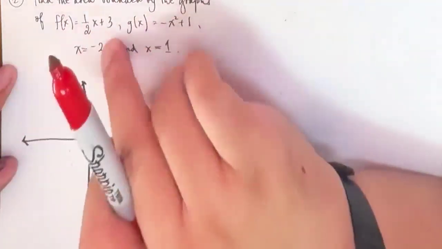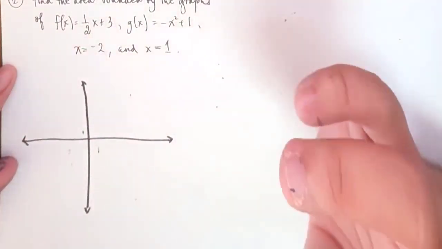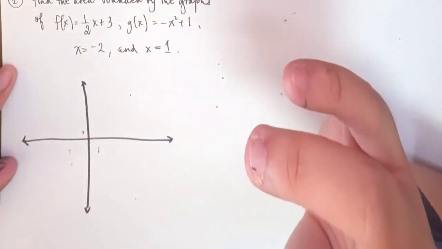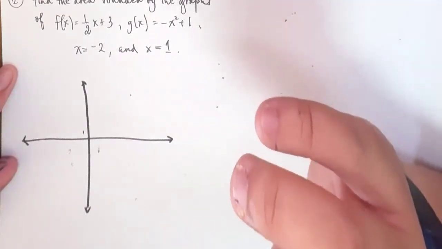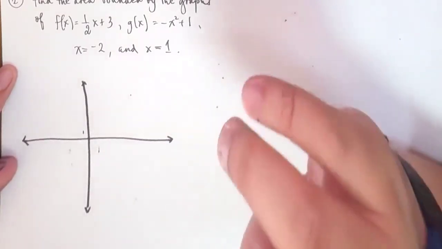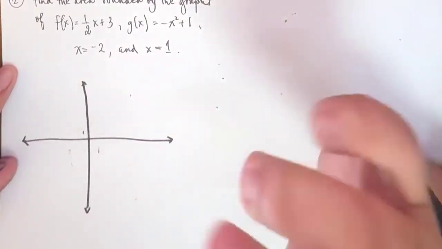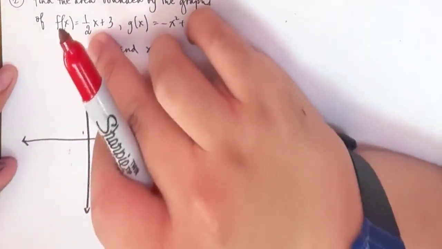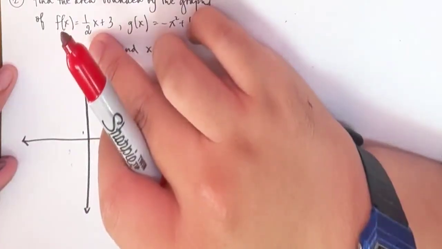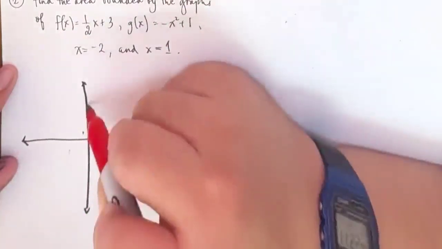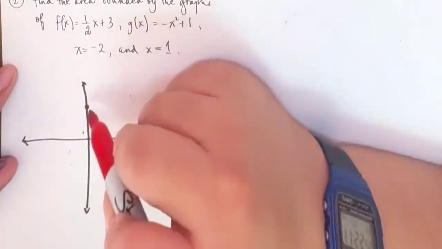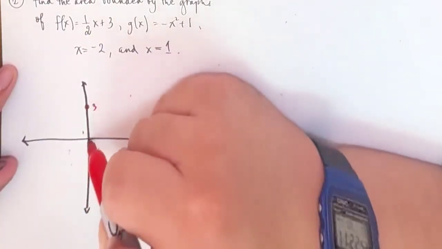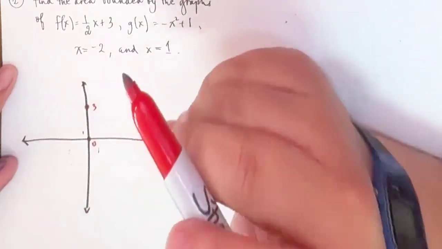what I do for lines is I just substitute two values, and that will give me 2 points, and that's enough. 2 points make a line. So in that case, x equals 0 will give me y equals 3. So somewhere here, let's call this point A. Let's call this 3, then 0 is here.